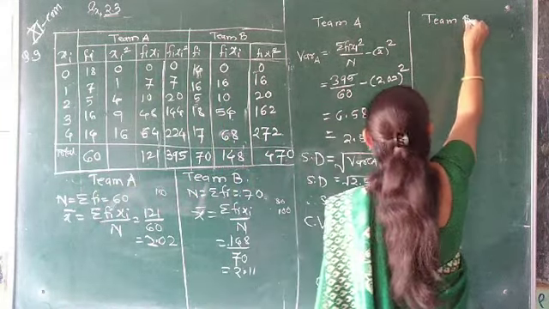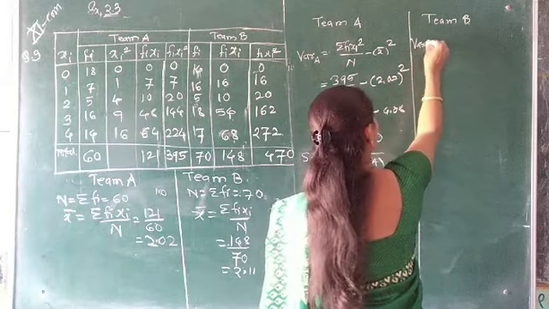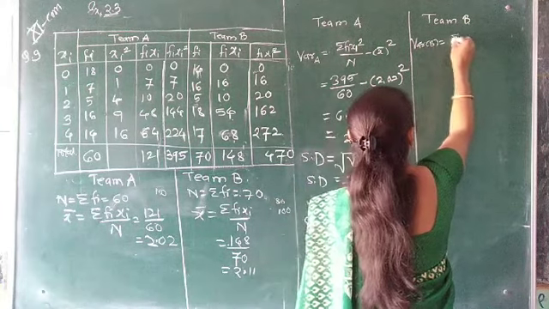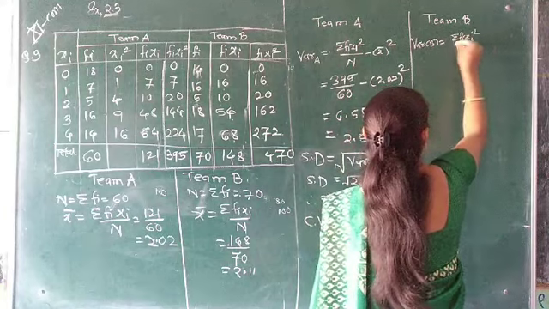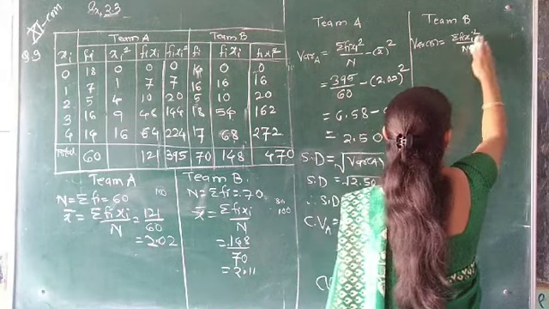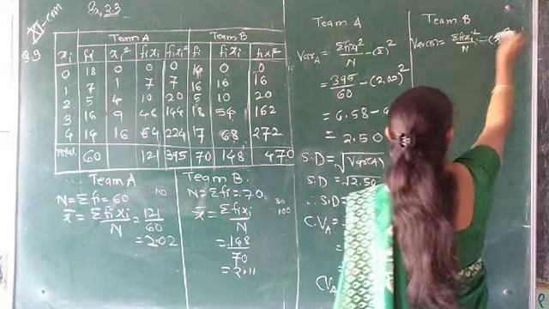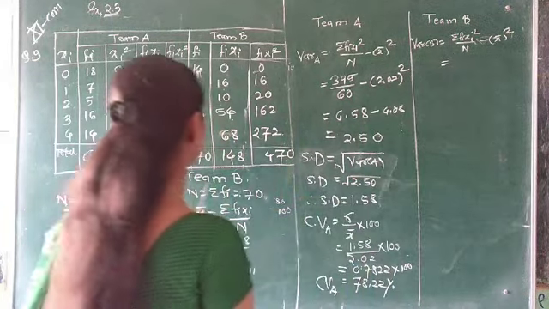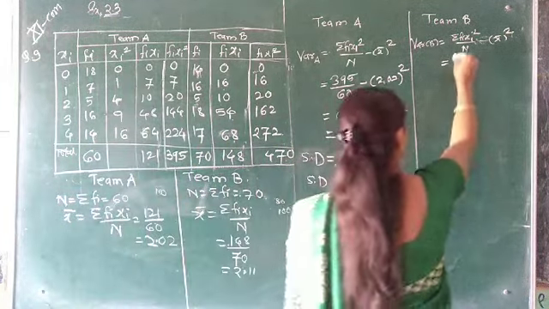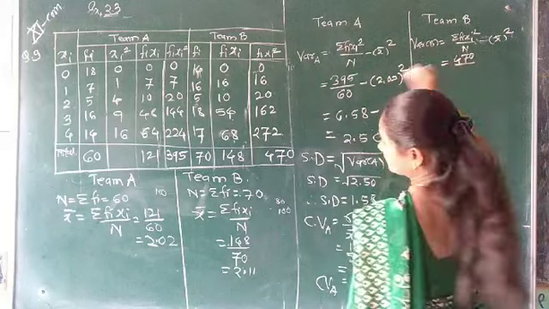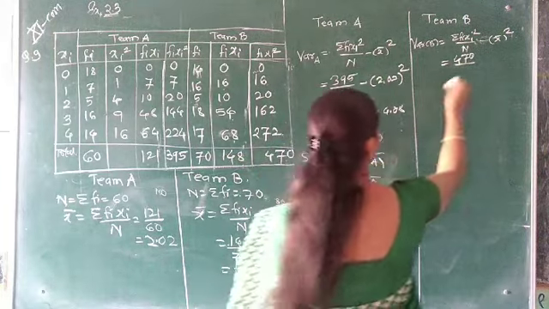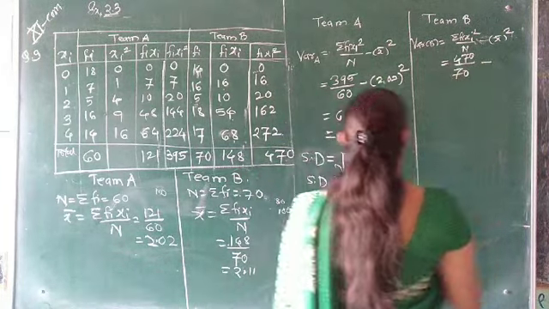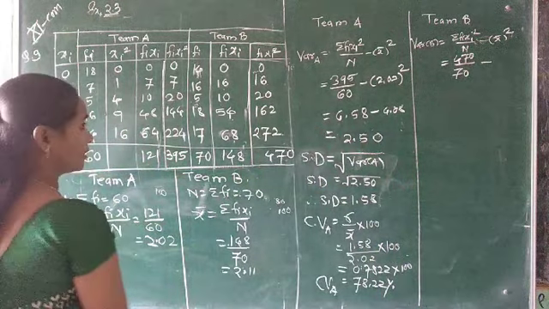Now team B. First find variance of team B. Summation Fi xi square upon n minus mean square. Summation Fi xi square is 470, and n, the total frequency, is again here 70, minus mean 2.11 square.